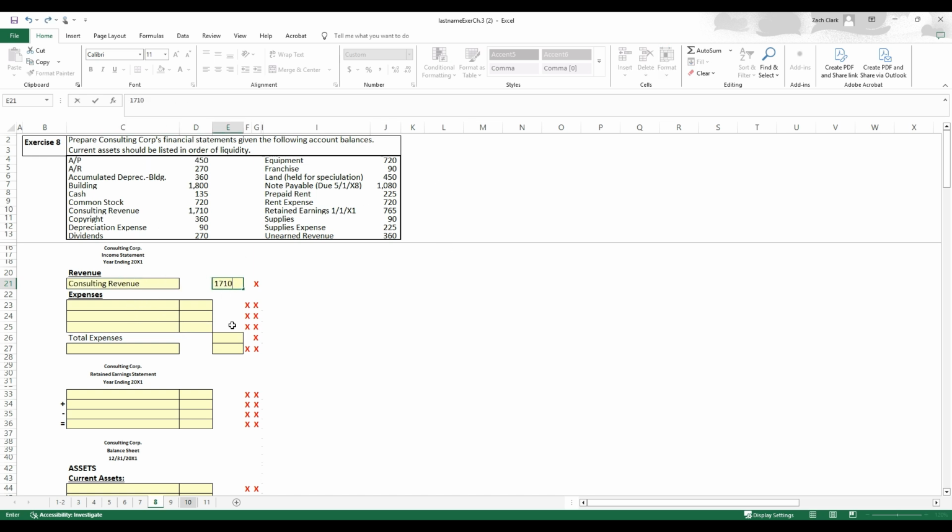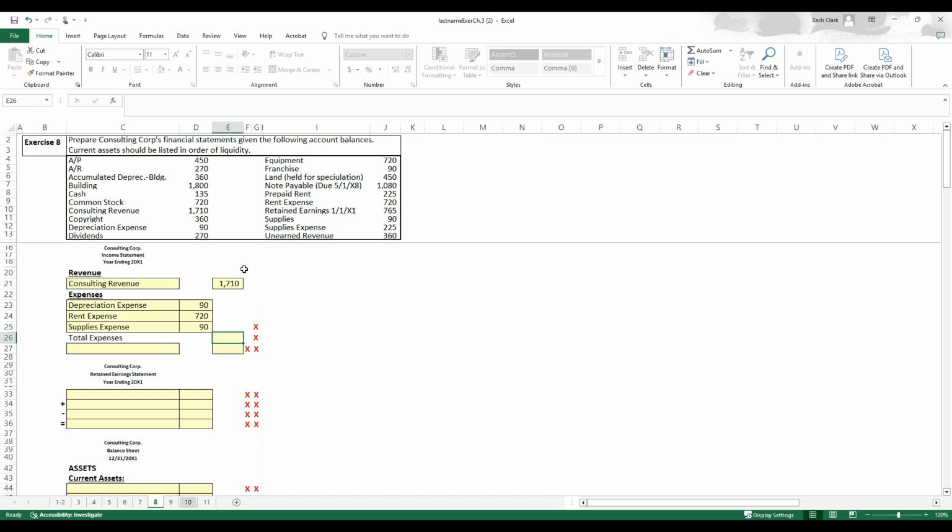So we've got all our balances up here. And then our expenses, we've got depreciation expense. I'm just going to go down the line. Then what's our next type? Rent expense, I think. And finally, we've got supplies expense. And we've got 90, and I see 720, and supplies expense of 90 as well.